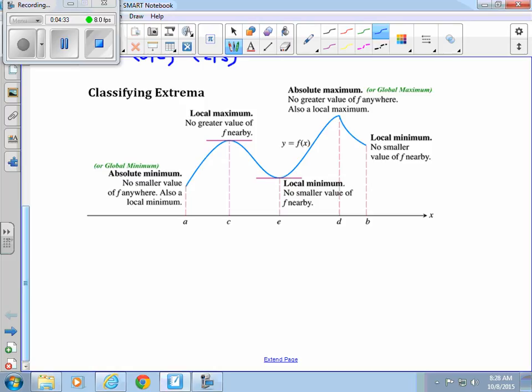What does it seem that the derivative is at those values? Either 0 or undefined. Agreed? 0 or undefined.